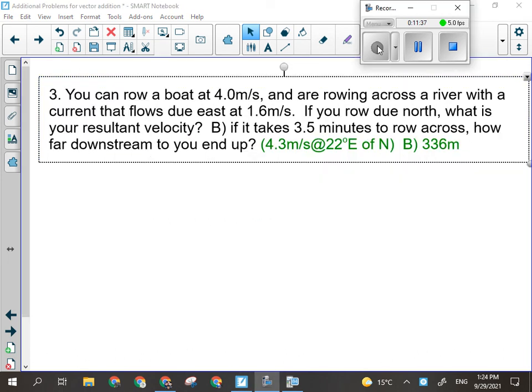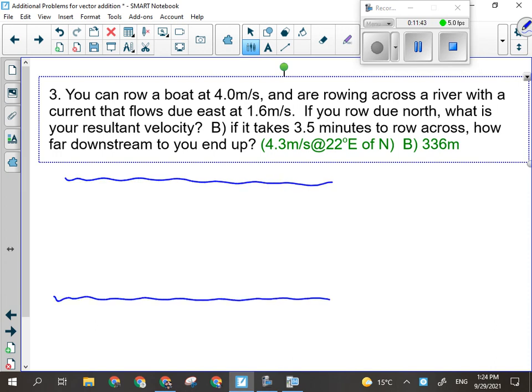Okay, let's have a quick look at this one here, guys. So with this boat question, we have our river. Our river flows at 1.6 meters per second east, and we're rowing at 4.0 meters per second north, according to the question.